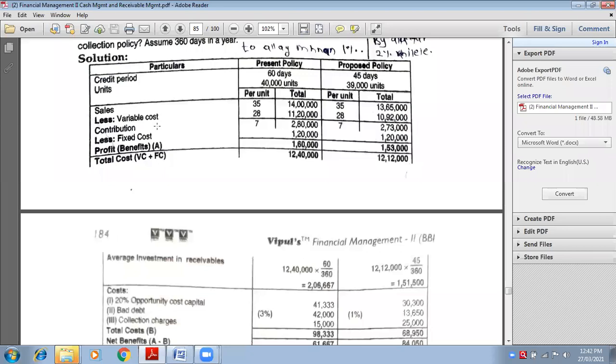60 is the credit period given in the present policy. So what will be the answer? Yes, tell me the answer. Average investment in debtors.